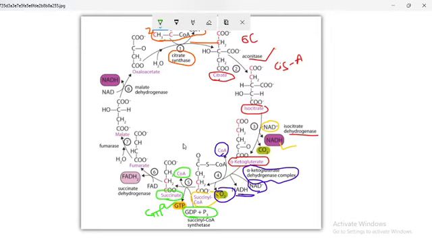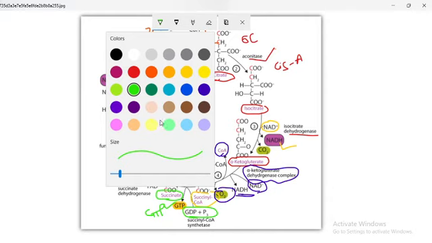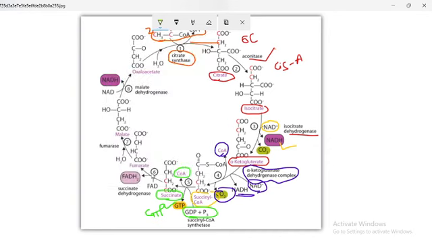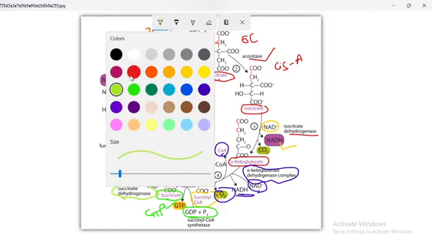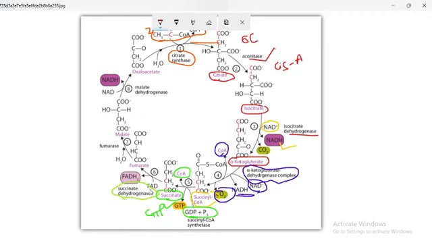The succinate is converted into fumarate by the action of the enzyme succinate dehydrogenase. During this process, FAD is converted into FADH2.